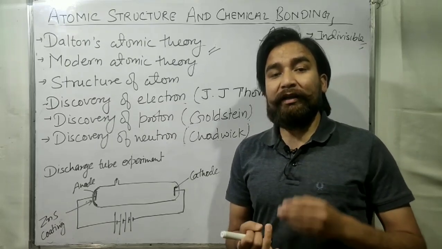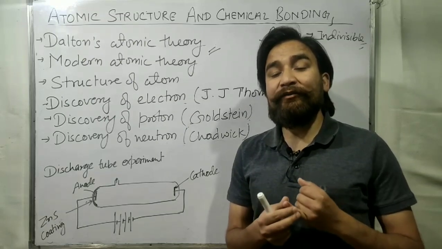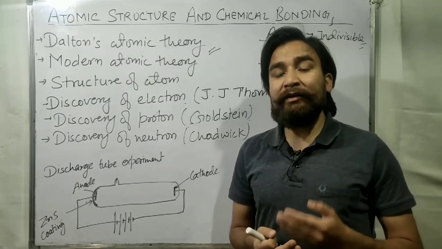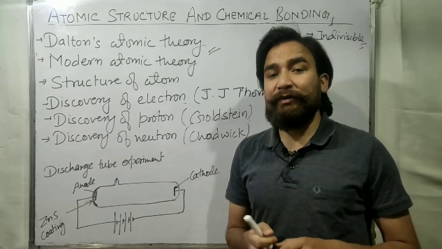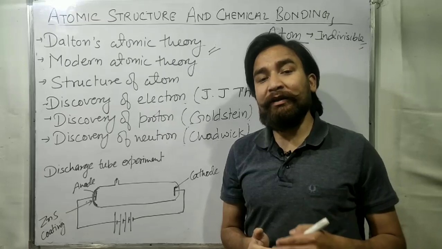For example, electron, proton, neutron, etc. So the main fundamental particles of an atom are electrons, protons and neutrons. So remember that atom is not indivisible. That atom is indivisible was wrong.